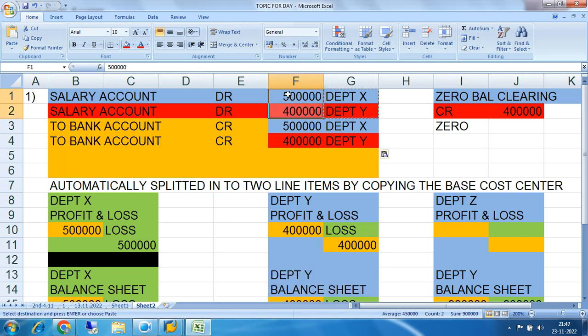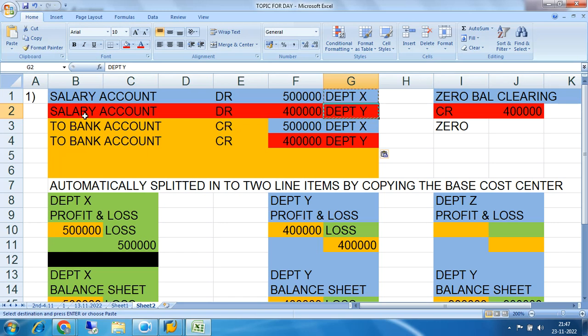The ratio of the baseline is 5:4. So this 9 lakhs is also divided into 5 lakh and 4 lakh, and the same profit center against the 5 lakh and 4 lakh is also copied here. Therefore we are able to prepare the department X profit and loss account and balance it, and the department Y profit and loss account and balance it separately. So that is the use of document splitting and zero balance clearing.